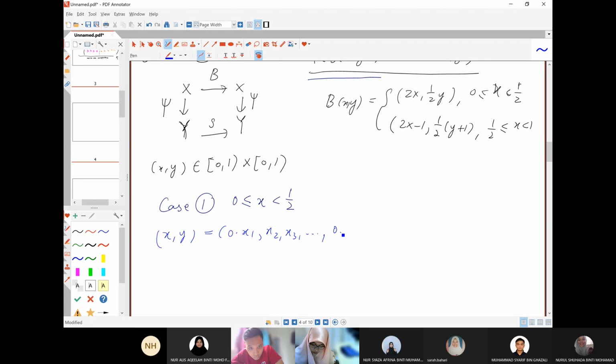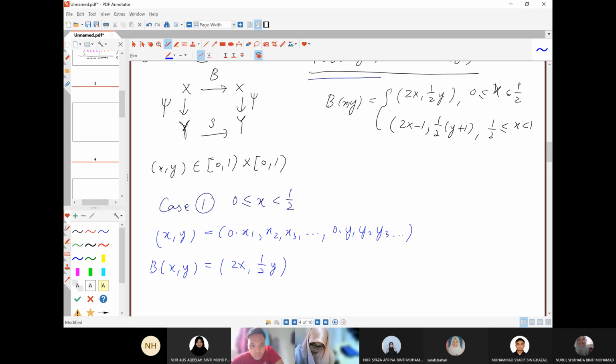And y you have 0.y1, y2, y3 and so on. Okay, so you want to find the transformation of xy. So for Bxy in the first case you have 2x dengan half of y.